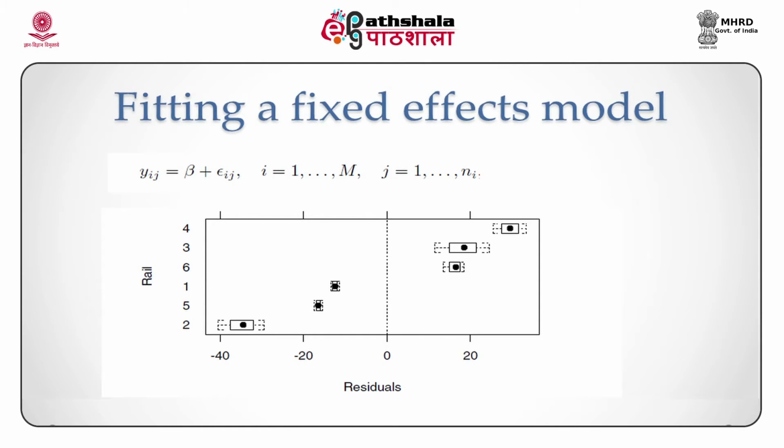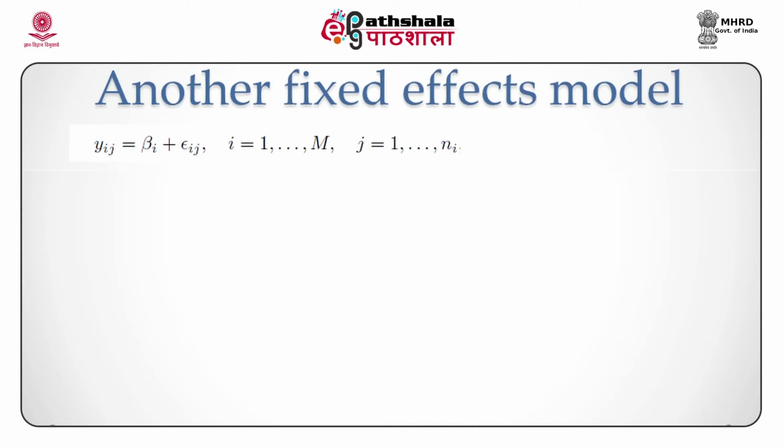So let us make an improved guess at model fitting and include the effect of the rail. So here, rather than fitting the model Yij equal to beta plus epsilon ij, which ignores the effect of rail, we have fitted a model which is Yij equal to beta i plus epsilon ij, i equal to 1 to m, and j equal to 1 to ni.